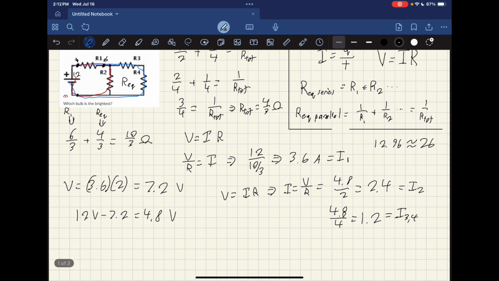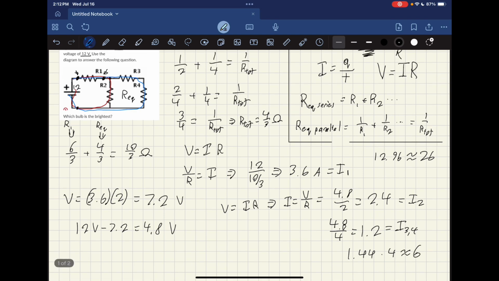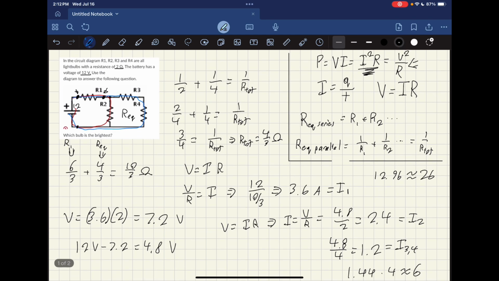And then if we were to do the bottom one, which is 1.2 times 1.2, it's only 1.44, and then times 4 is roughly 6. And you could do it for the other one if you wanted. We can see now that R1 is certainly going to burn the brightest because it is going to dissipate the most power because it has the most current running through it.